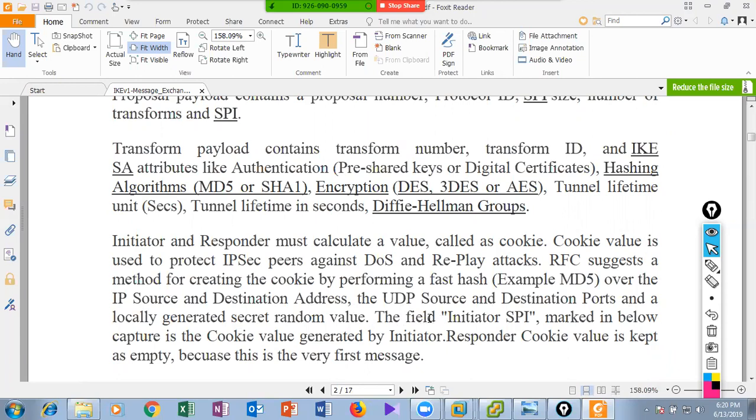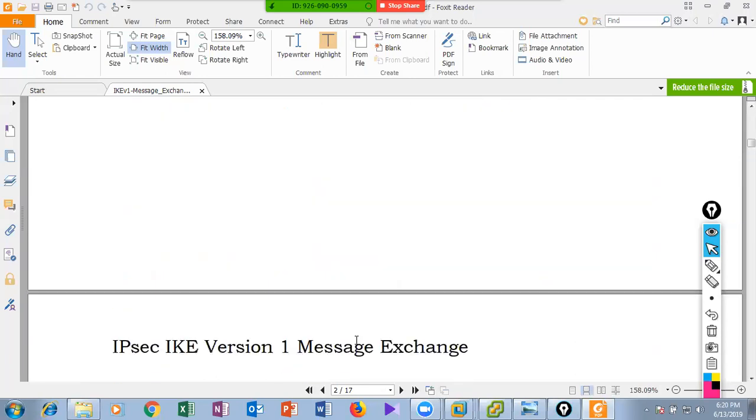The field initiator SPI marked in the below capture is the cookie value generated by the initiator. The responder cookie value is kept empty because this is the very first message exchange.